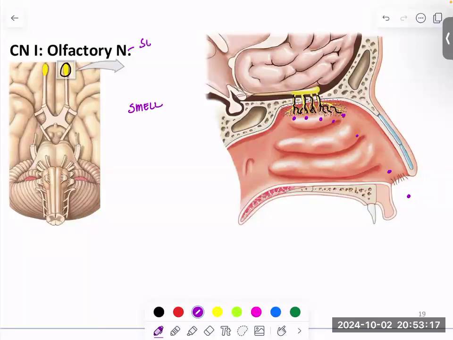This nerve is designed to be sensory only. It only sends sensory information. Cranial nerve number 1, olfactory. Sense of smell, sensory only.